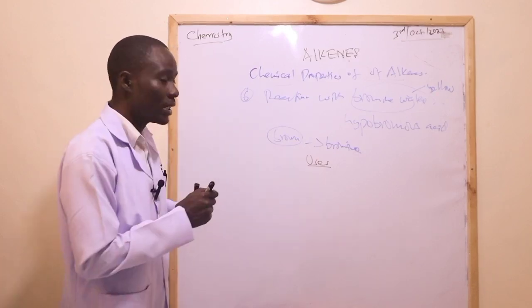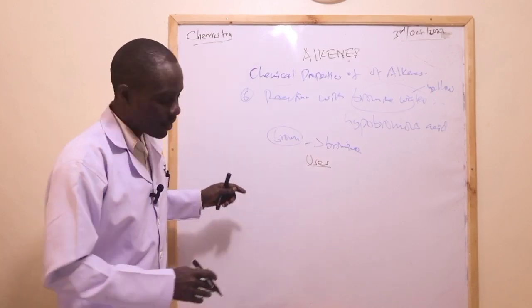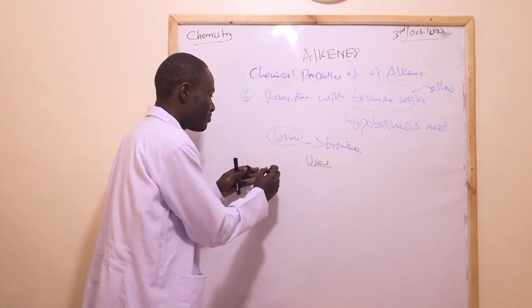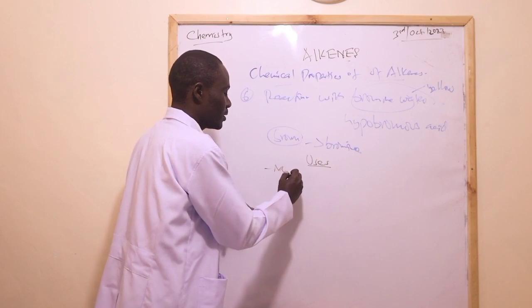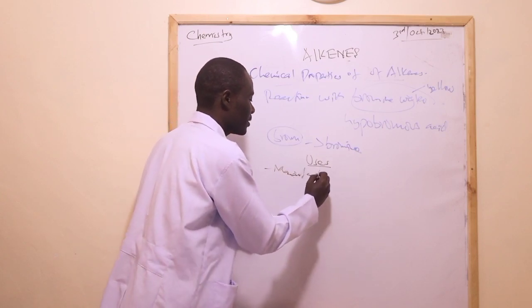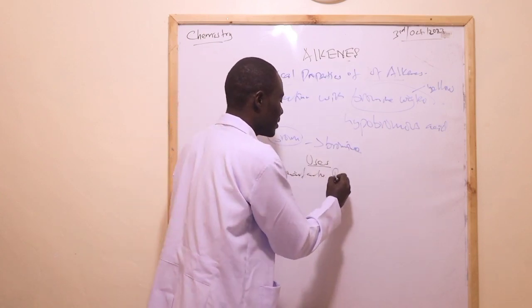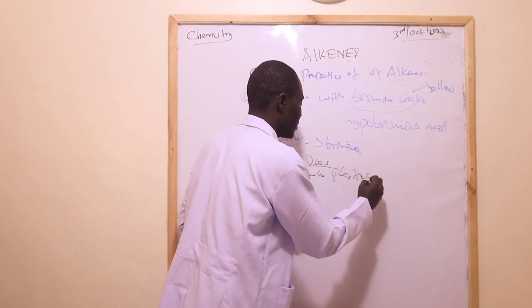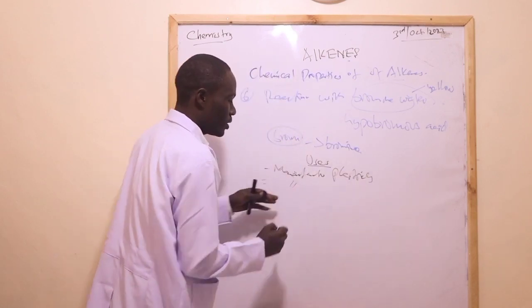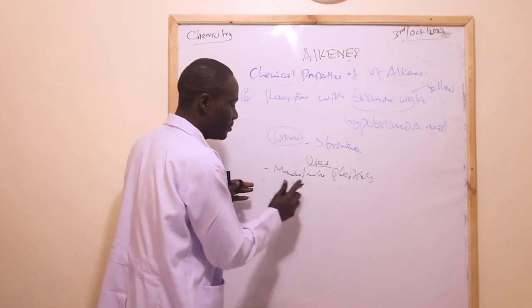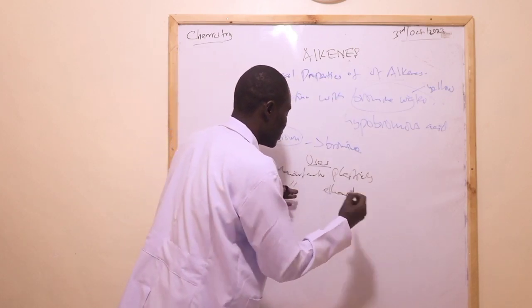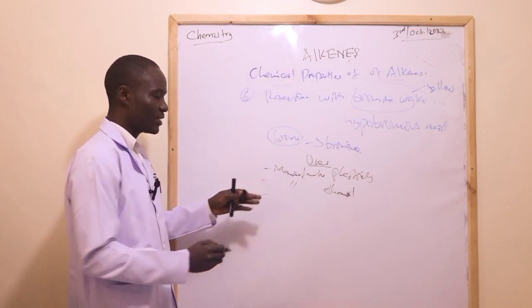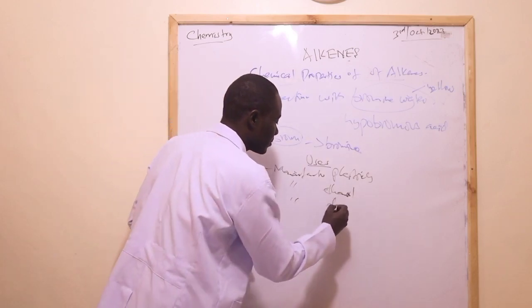Okay, so lastly, the uses of these alkene members. Number one, alkene members are used to manufacture plastics. Number two, they are used to manufacture ethanol and detergents.